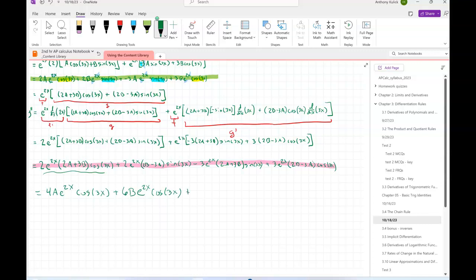And I think I like that, because then if I take this last one, if I distribute that out, I'm going to have 6b b e to the 2x cosine 3x, aha, and then minus 9a, e to the 2x cosine 3x.